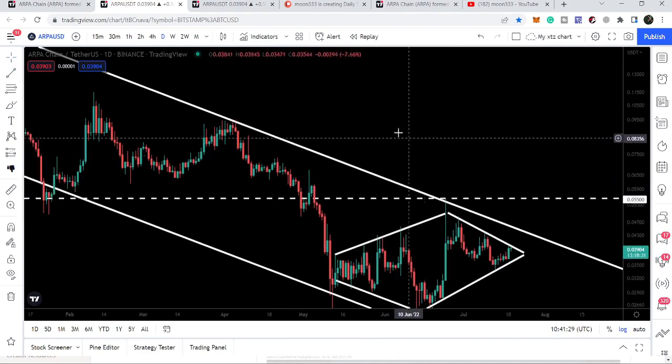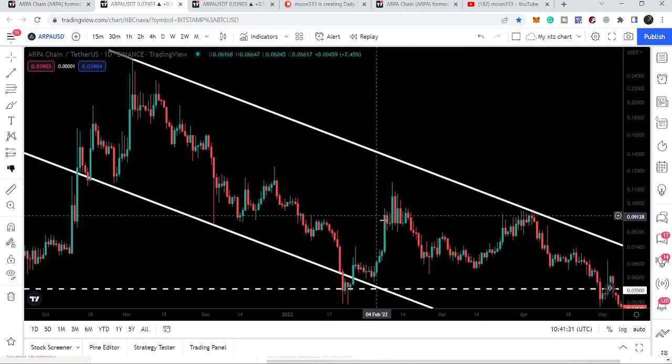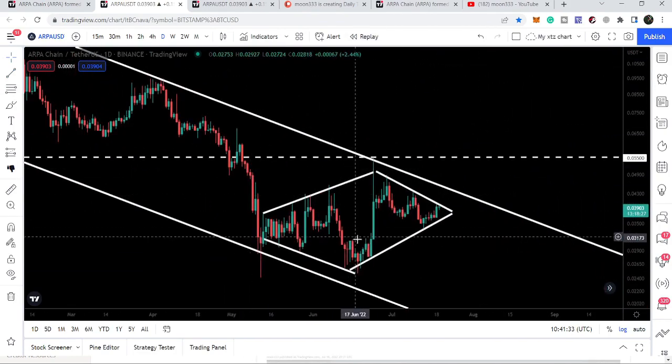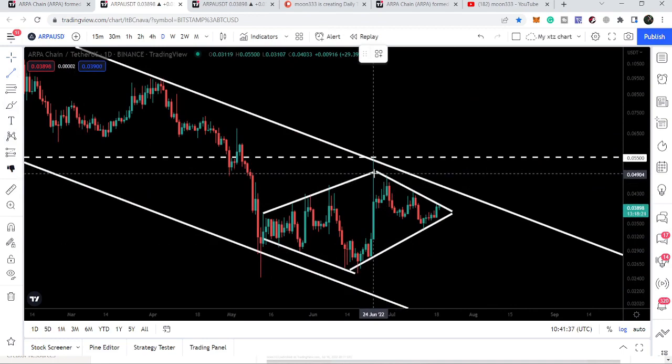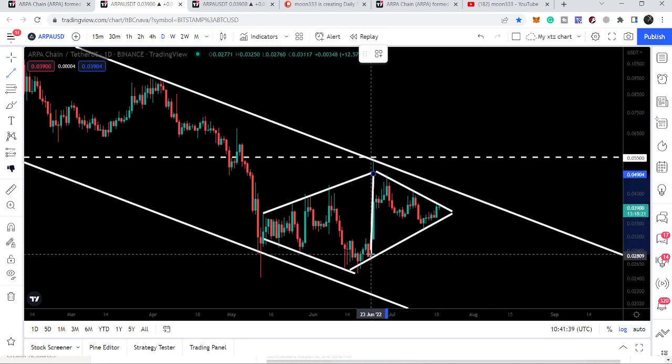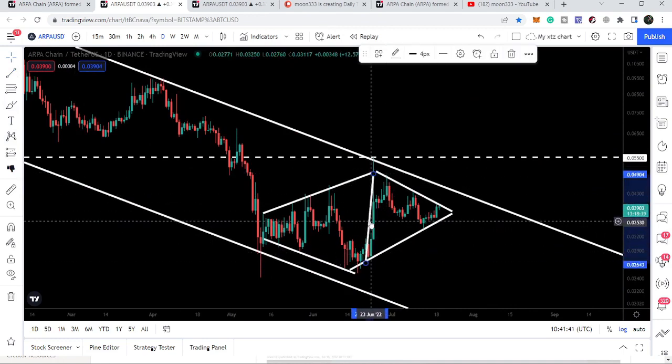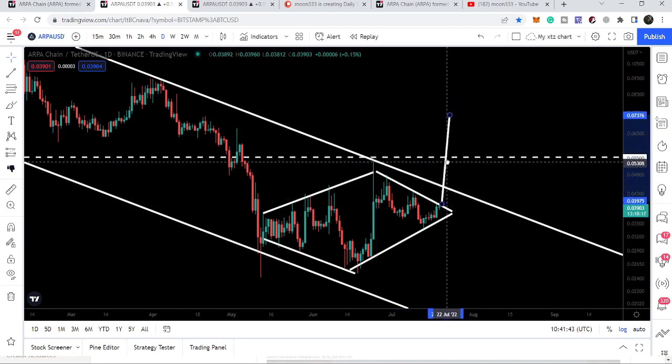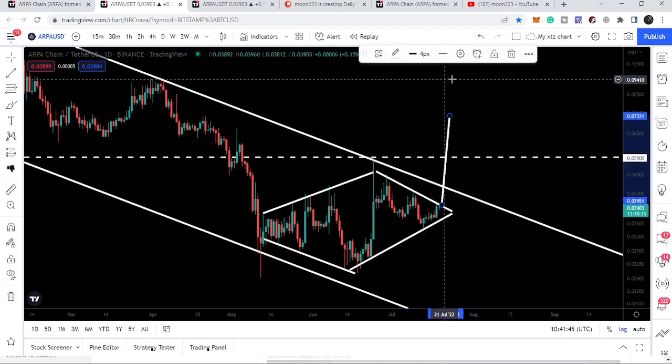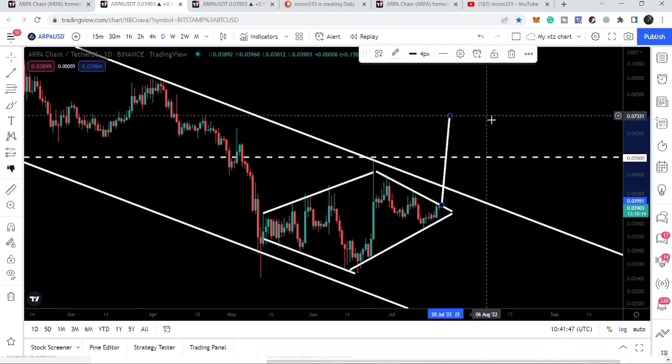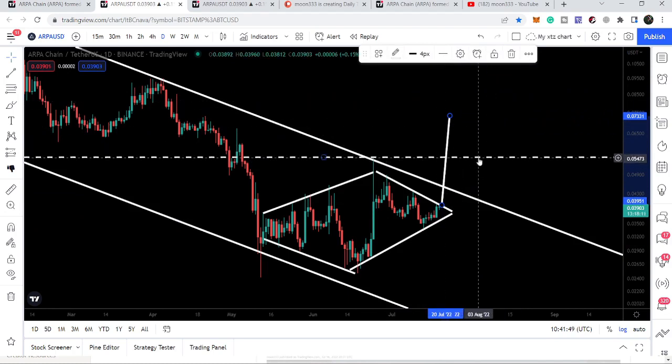And you can see that we are in a perfect downtrend within this down channel, and here we have formed this diamond bottom pattern. Now, for example, if ARPA chain breaks out this resistance of the diamond bottom, then our target will be approximately here at 7.3 cents, and that is beyond this key resistance of 5.5 cents as well.